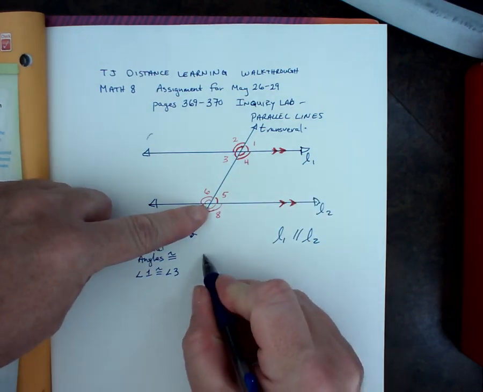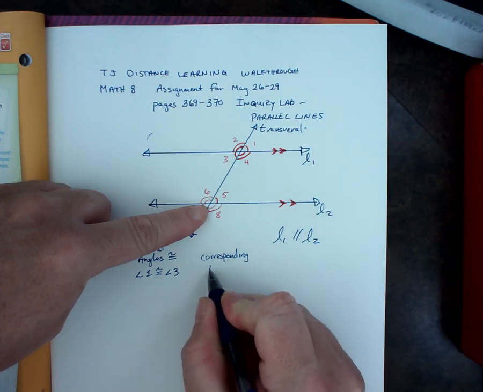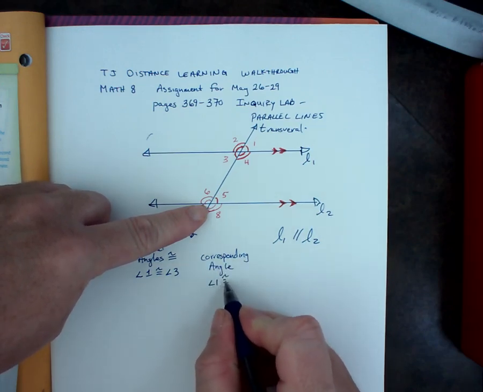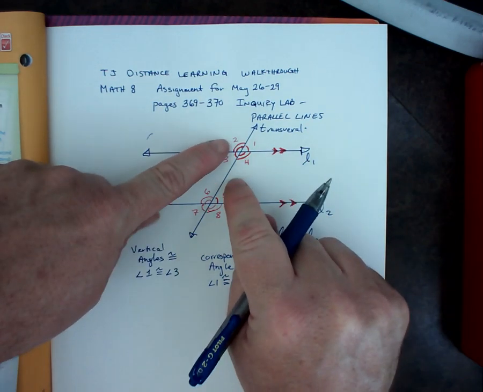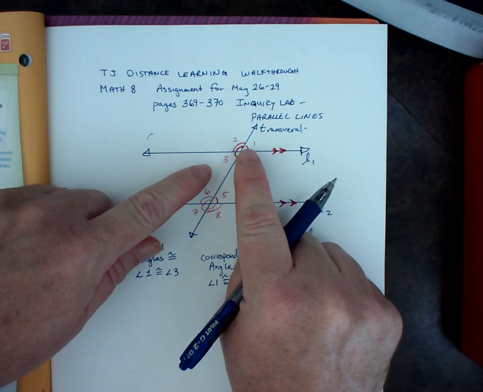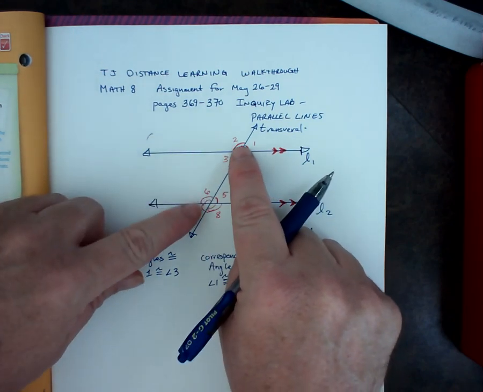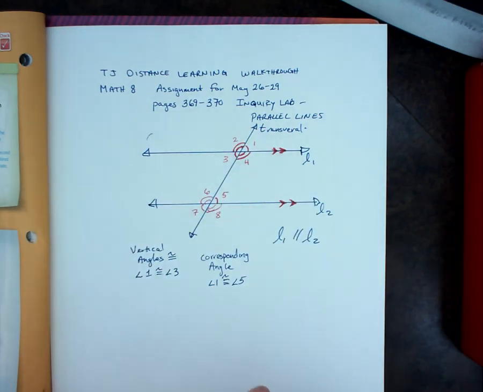So let's name a corresponding angle. Angle 1 is congruent to angle 5. You could find other ones. 2 goes with 6 because it's in the upper left. Corresponding on this transversal is creating congruent angles.